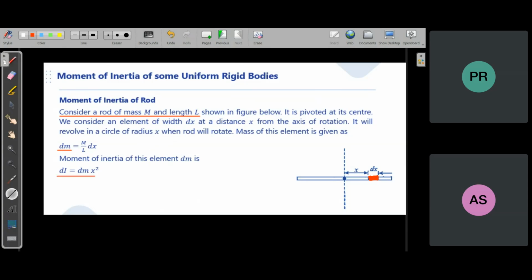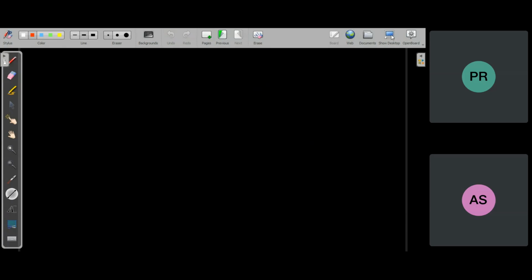Moment of inertia of this element only is dm x square. Now dm x square is the moment of inertia of the element which is at a distance x. But we have to find the moment of inertia of the entire rod. So we will have to do the summation of the moment of inertia of all such elements. So we will integrate it.